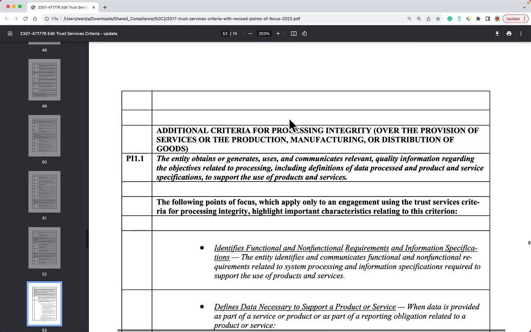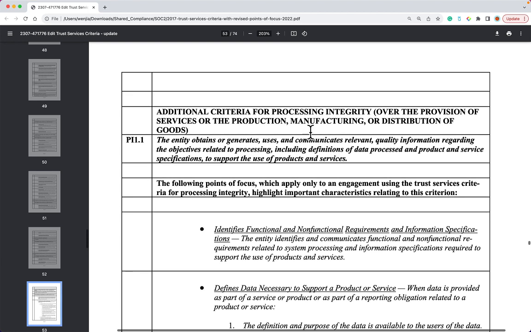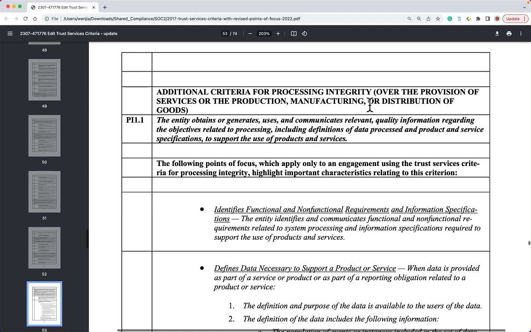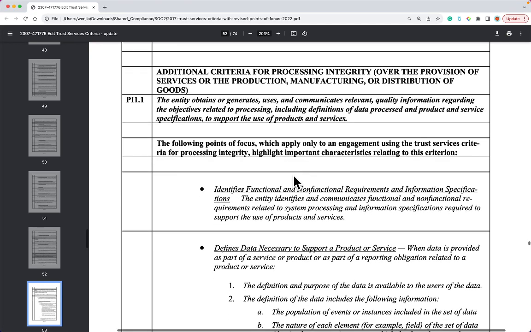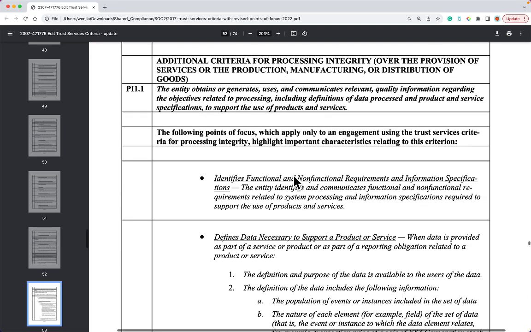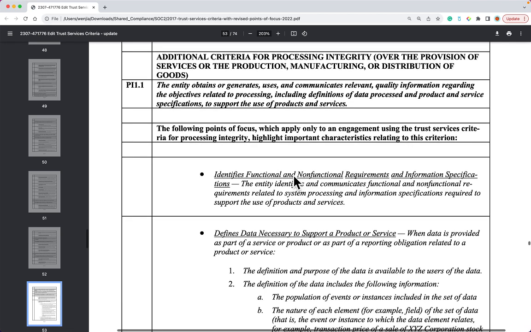Next one, criteria for PI, processing integrity, over the provision of services, or the production, manufacturing, or distribution of goods.